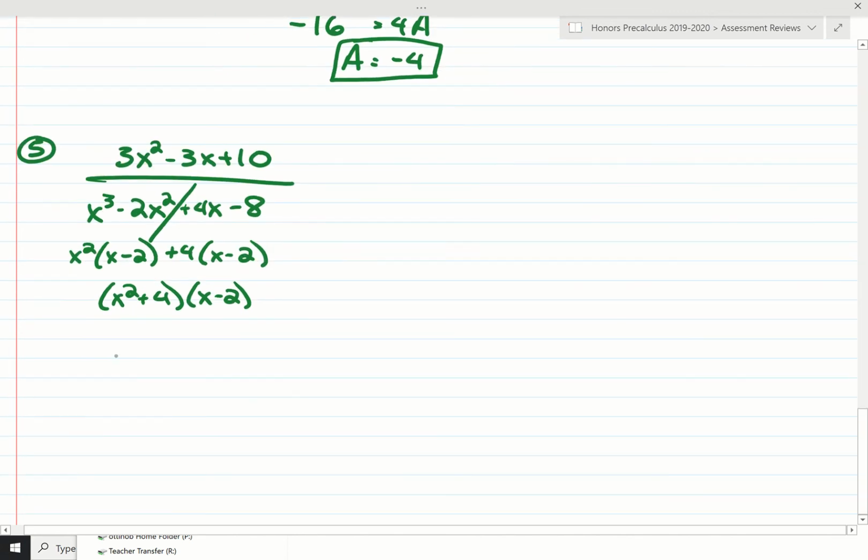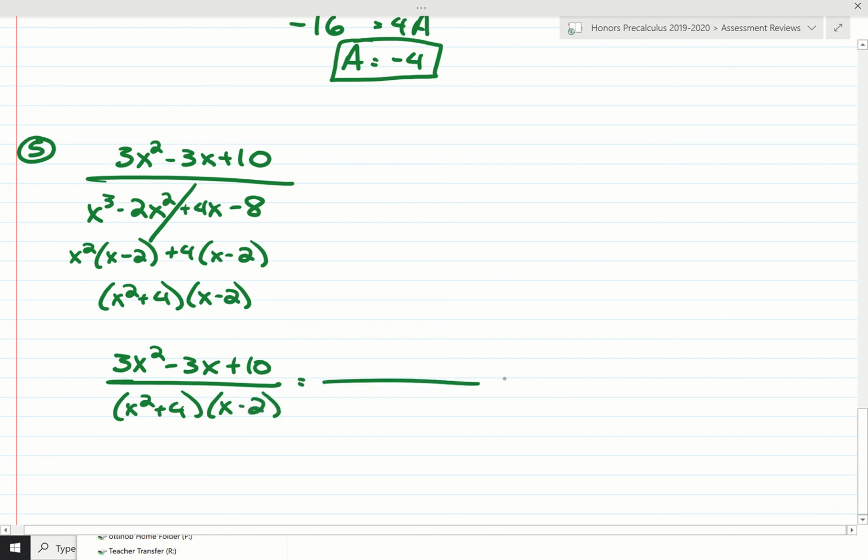So when we go to break it up, we're going to have 3x squared minus 3x plus 10 all over x squared plus 4 times x minus 2. Remember, when we have a quadratic, our top power has to be 1 degree lower.